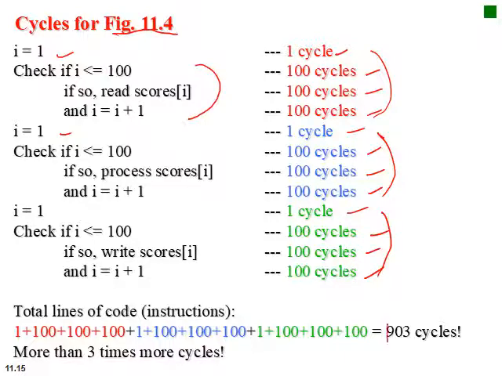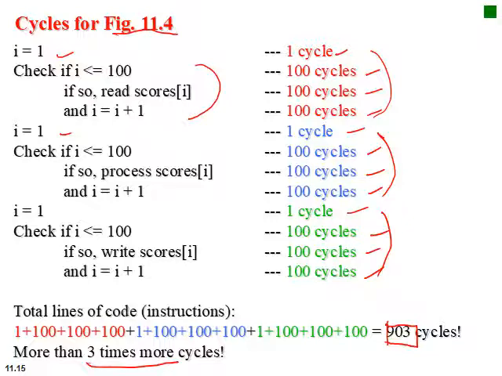So in the end, we end up with 903 cycles. That's almost 3 times more than in the case of figure 11.2, where we had several different variables.